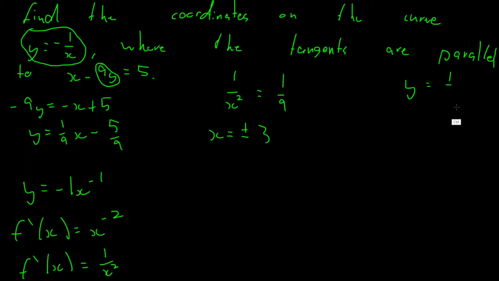Wait, no, we won't. That's the derivative. So we'll sub it back into minus 1 on x. So we'll start with 3. Y equals minus 1 on 3. Therefore, the coordinates are 3, comma, minus 1 on 3.